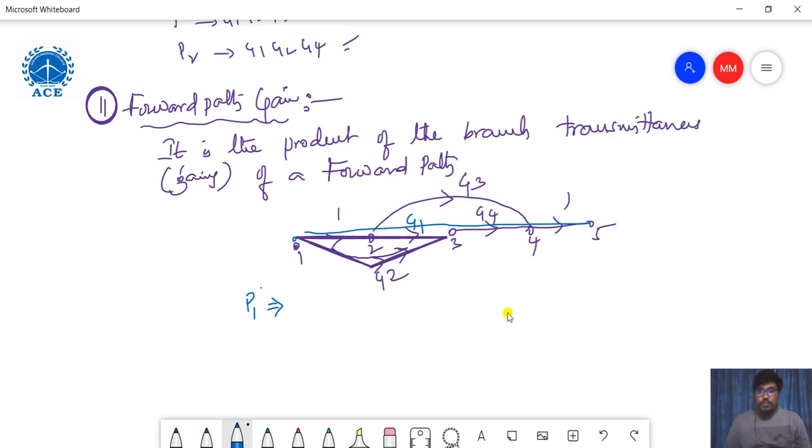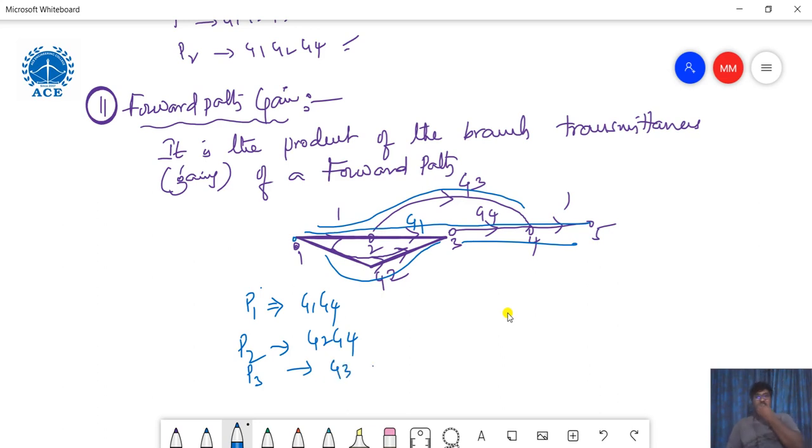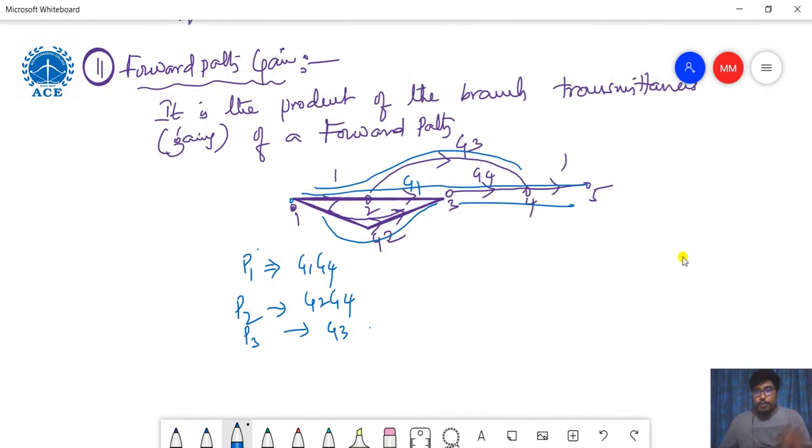Now G1 G4, simply G1 G4. If I take second path, then suppose this is my second path, G2 G4. If I consider this is my third path, then P3 is equal to only G3, right? This is called forward path gain. Okay, the product you need to calculate. Got my point? Is it okay?